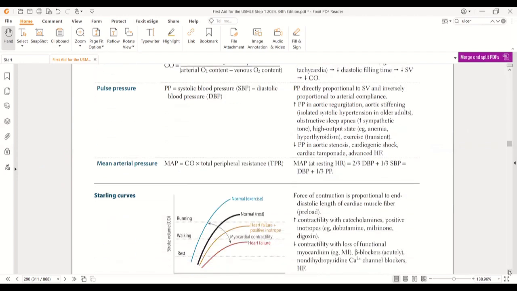Okay, so the pulse pressure. Pulse pressure is basically the difference between systolic blood pressure and diastolic blood pressure, right? Pulse pressure is directly proportional to the stroke volume and inversely proportional to the arterial compliance.